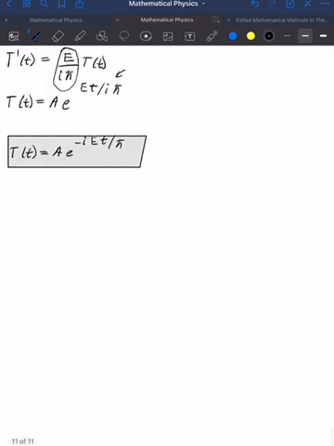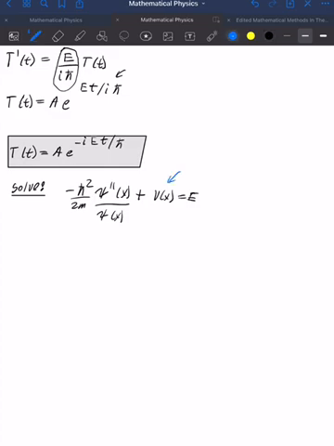Now, the part that is interesting is when you solve for the spatial part with respect to x. So minus h bar squared over 2m times psi double prime of x over psi of x plus V of x is equal to E. This is where it gets interesting because we have this V of x function here.